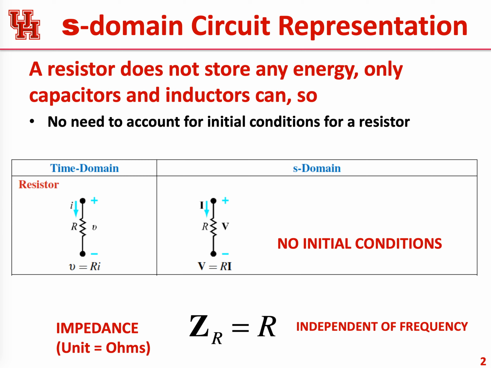So the resistor can also be called an impedance, Z_R, which is simply R. Now the Z_R value is independent of frequency because the resistor's value has no relationship with frequency. Impedance is also measured in ohms, and it's simply a generalization of the concept of resistance to the complex domain. So even though we're going to the complex domain, it's simply a real quantity. The imaginary part of the impedance for a resistor is still equal to 0.